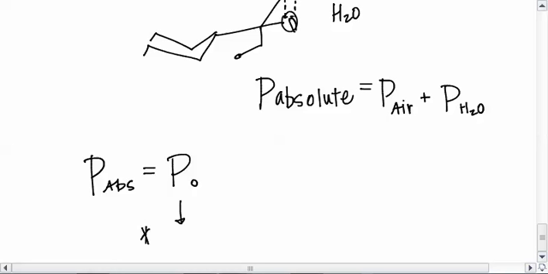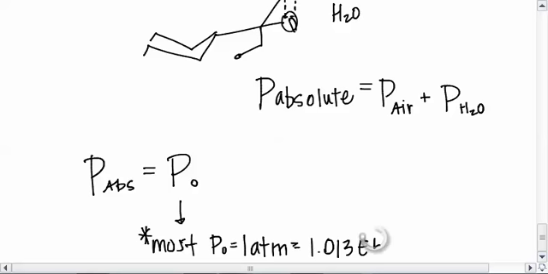Most of the time, this pressure is 1 atm, which is not an SI unit. 1 atmosphere of pressure is what you're accustomed to, which is 1.013 times 10 to the 5 Pascal.